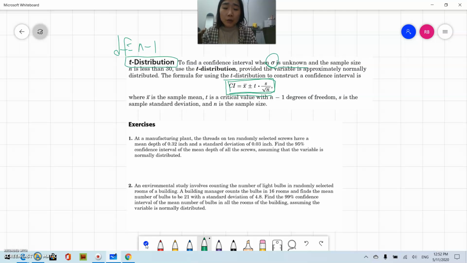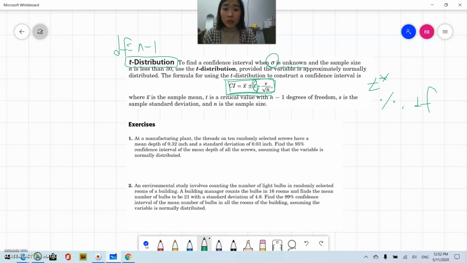The only thing that is different is this t. And unlike the z critical value, the t critical value, or t star, varies based on your confidence level, like 90% or 95%, and your degrees of freedom.